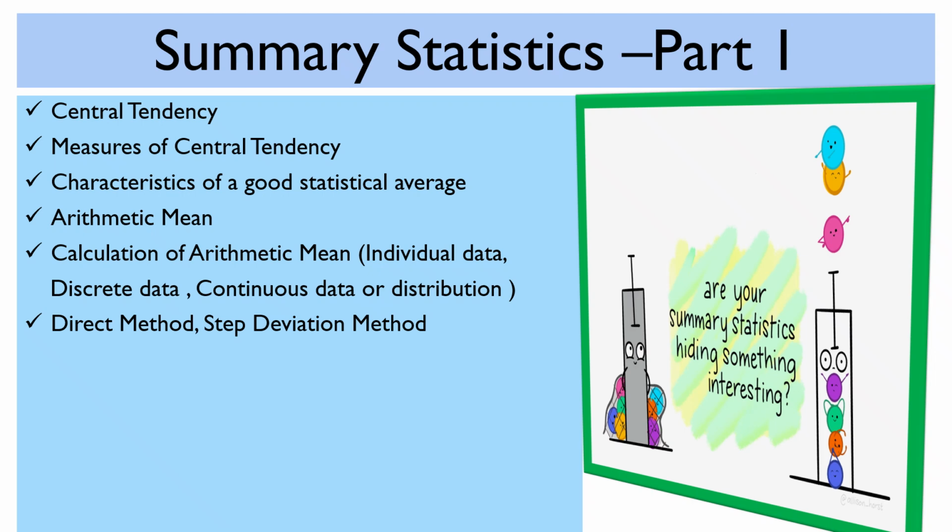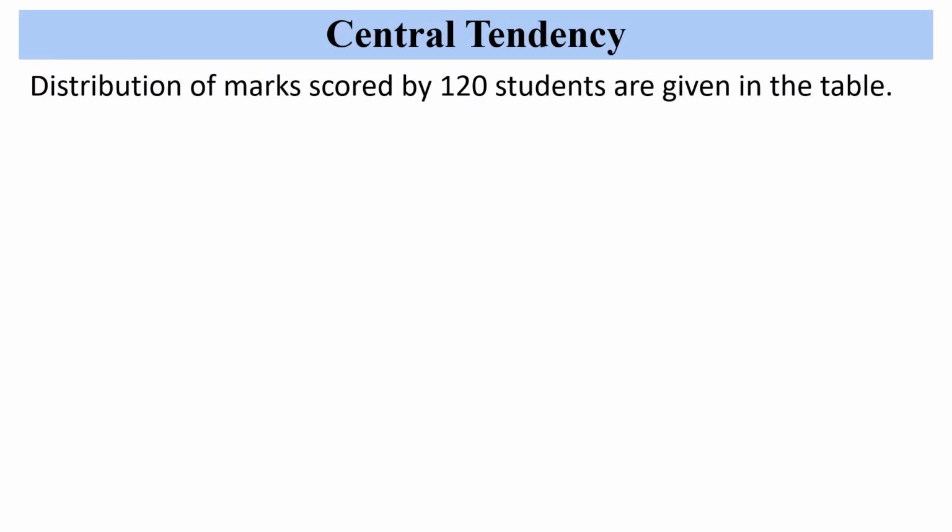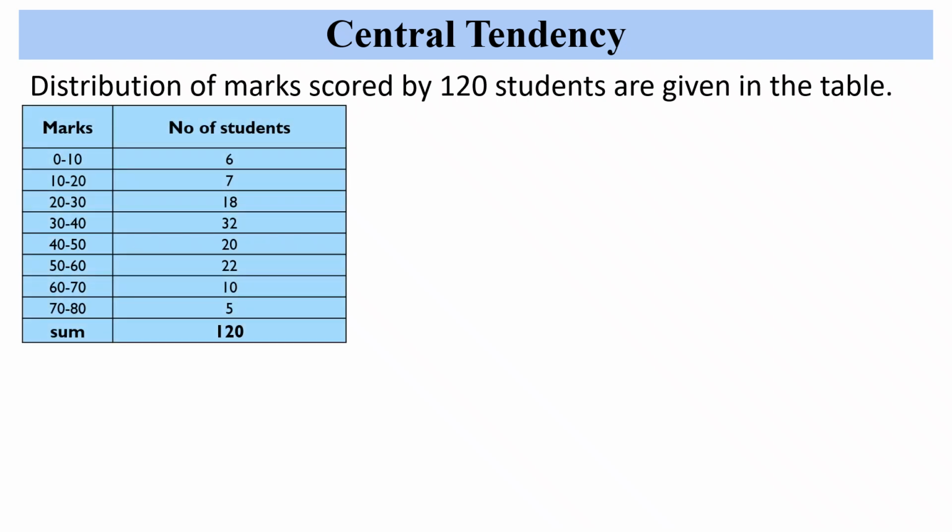and the step deviation method. Let us understand the concept of central tendency with the help of a simple example where a distribution of marks scored by 120 students is given.